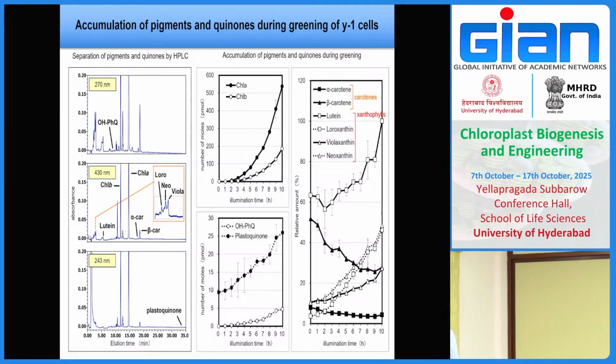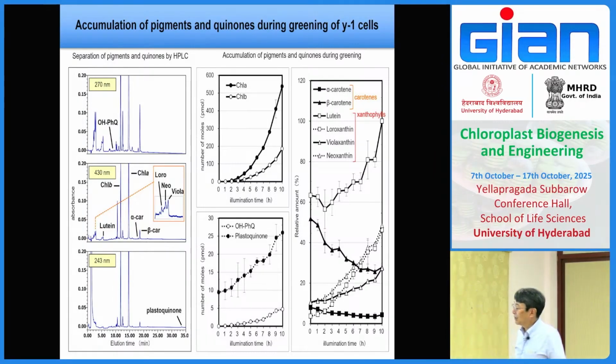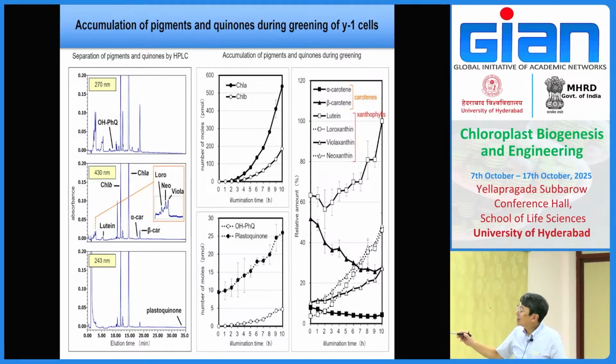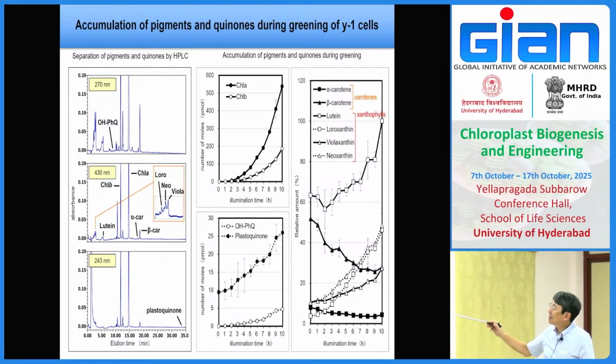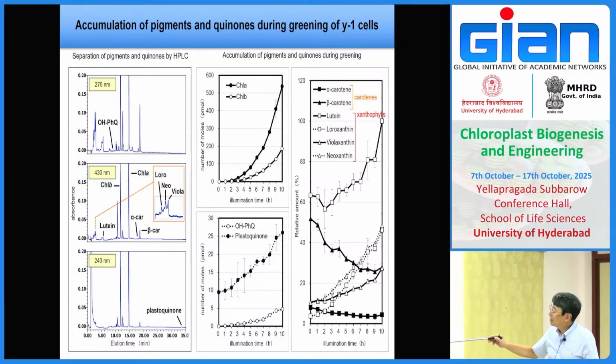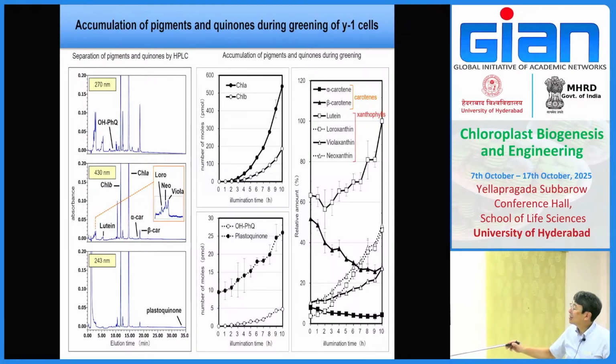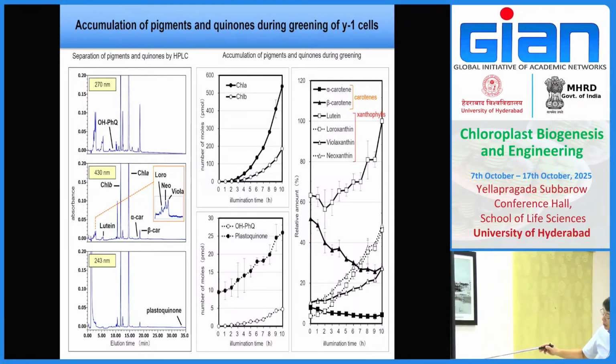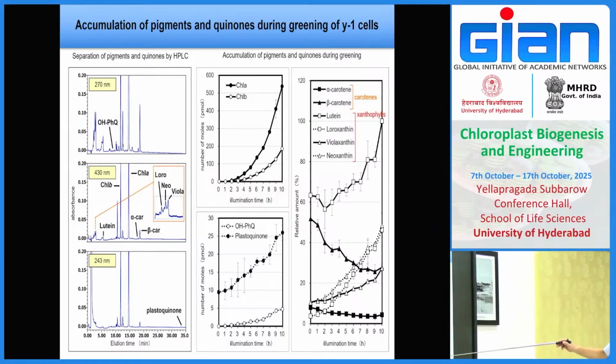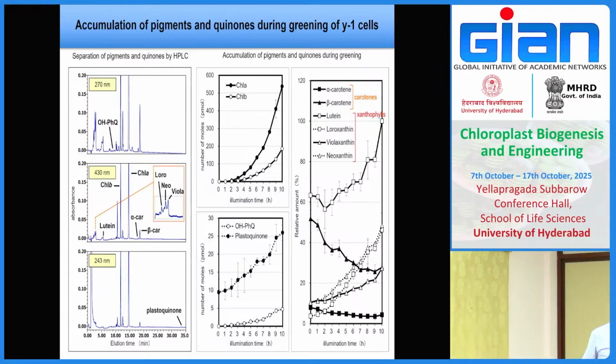That's why the alpha and beta carotene eluted later than xanthophylls. So these are the changes in the carotenoids. Rhodoxanthin somehow increases after a lag phase, but the beta carotene decreases, violaxanthin increases, and alpha carotene is almost constant. Rhodoxanthin, neoxanthin, xanthophylls are increasing. These are mostly associated with the light-harvesting complex, so probably this reflects accumulation of the light-harvesting complex.